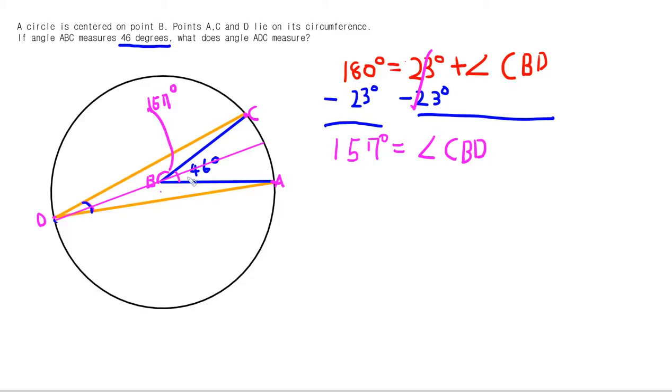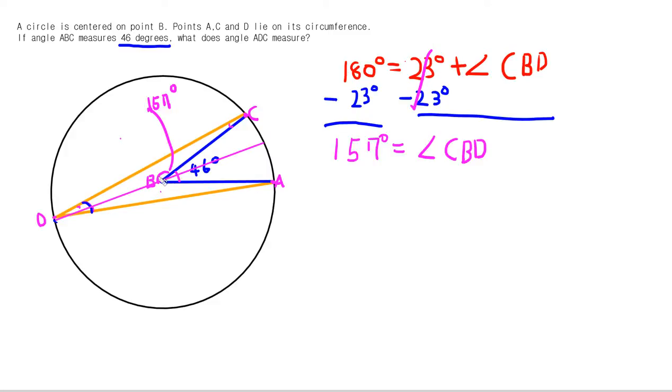But if you look at this carefully, this angle and this angle are the same. And also the lines are the same. The reason is because they are the radius of the circle. And whenever we extend the radius to other places, the angles and the lengths of the lines are going to be the same.